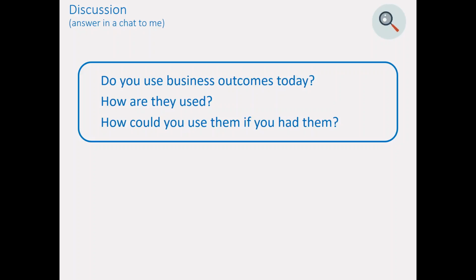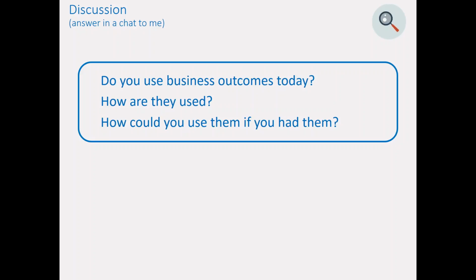Here's one. We use them, and they're mostly at the project level. Right. There's another one. We don't have monetary associations. That's like the other ones. Yep. Okay. Here's another one. We use them on projects, but we don't use them to organize which projects to do or not. Okay, good. So it sounds like we have some people doing business outcomes. That's outstanding. That makes me happy.